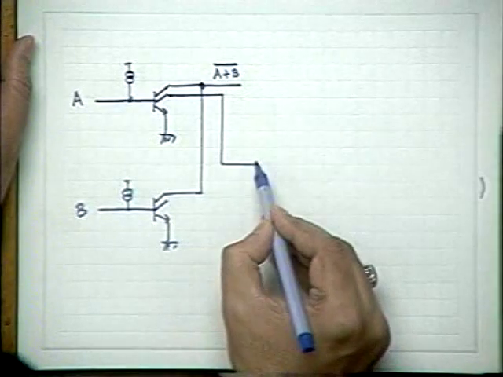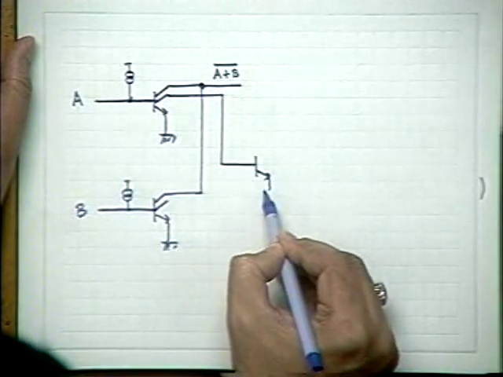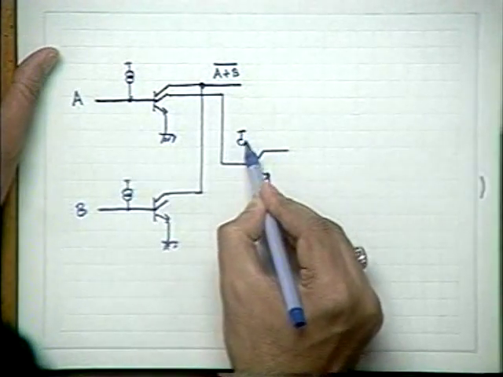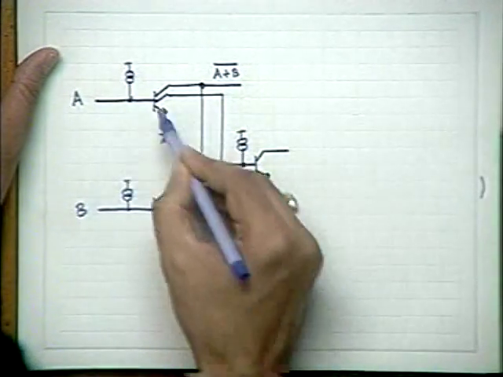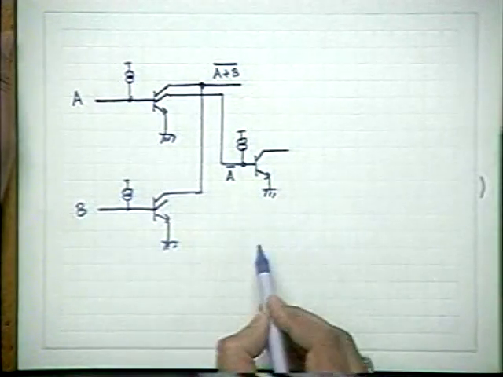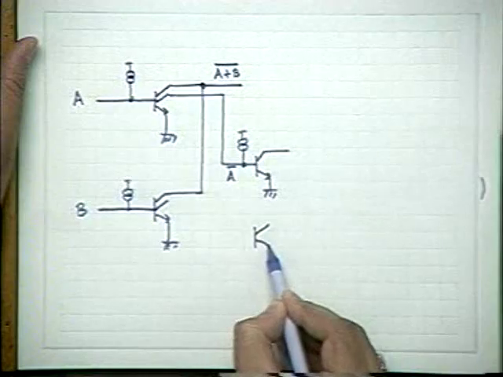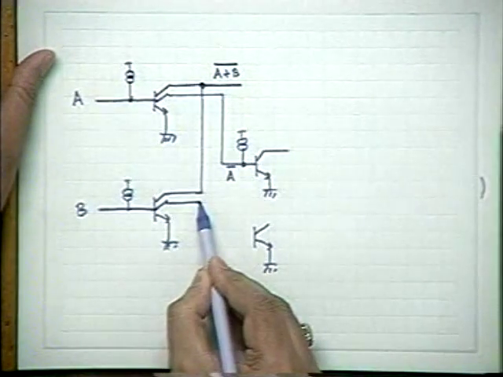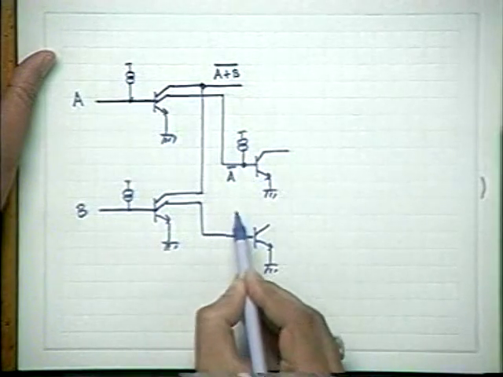Okay? So you are really applying A bar here. Similarly, you take another transistor and take this one to the input of this.